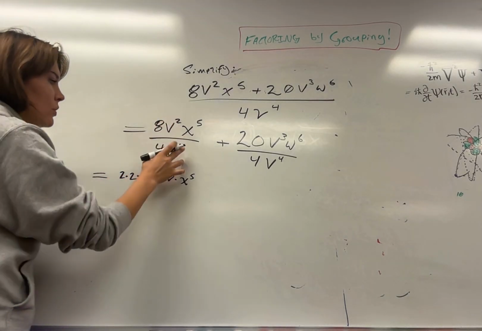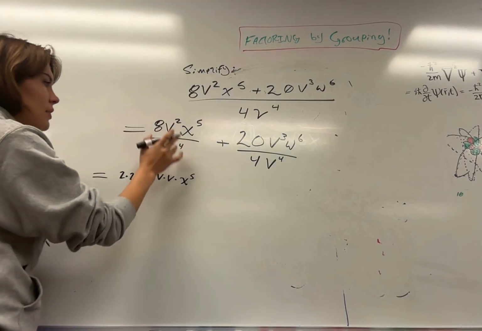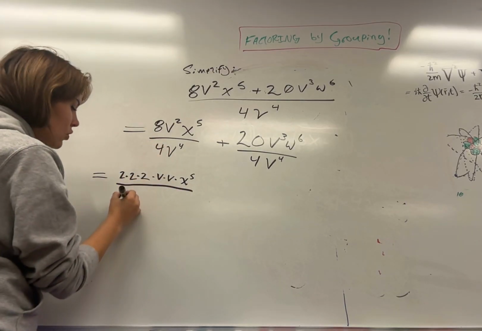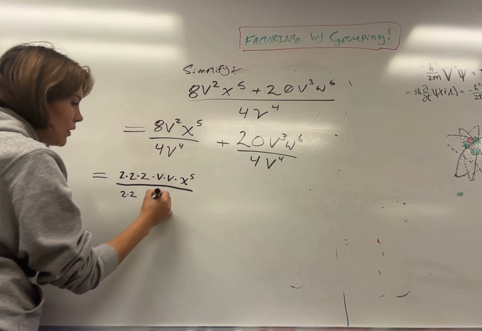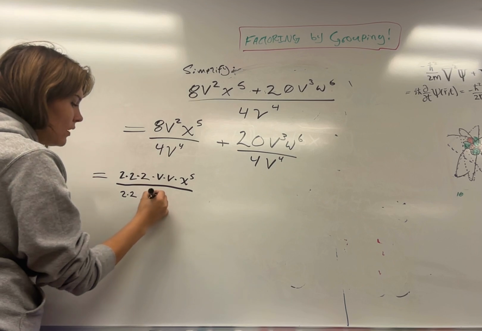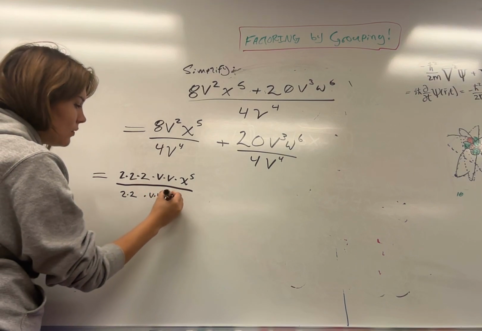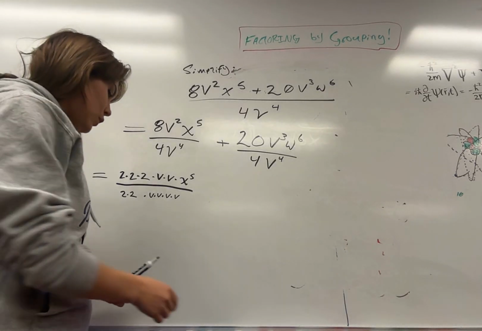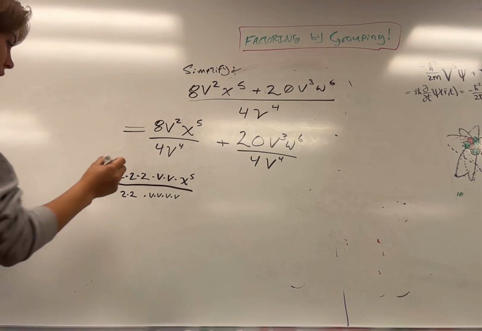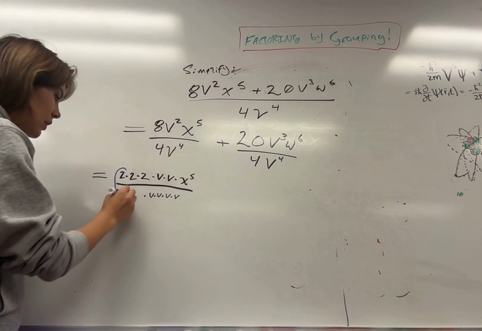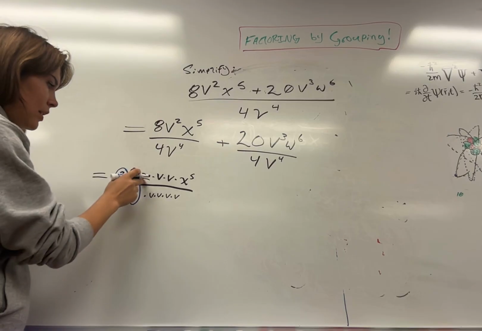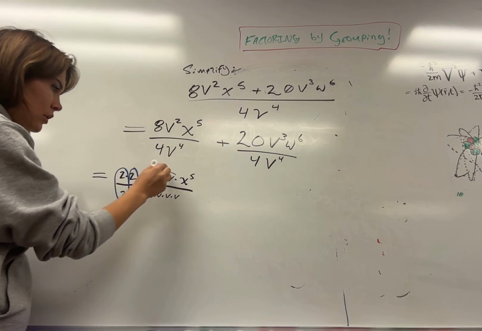We know the common terms here are some numbers and some v terms, okay? On the bottom we have 2 times 2, and we also have v times v times v times v. How many 1s can we find? Well, here's a 1. Here's a 1. Got to keep that 2. Here's another 1.